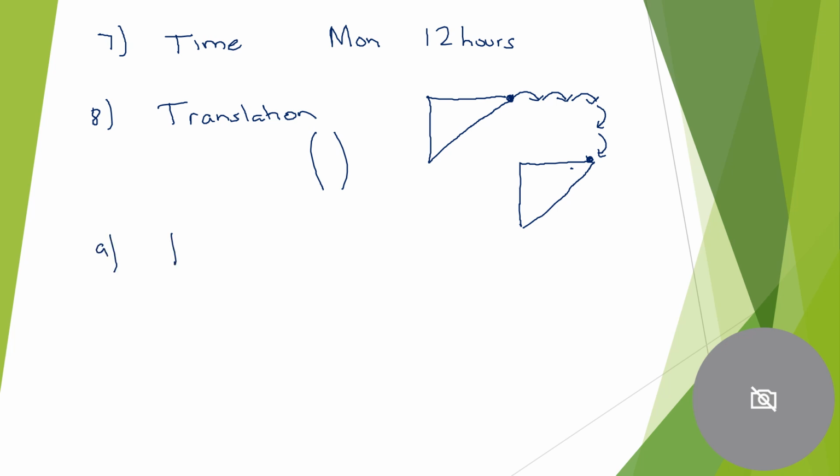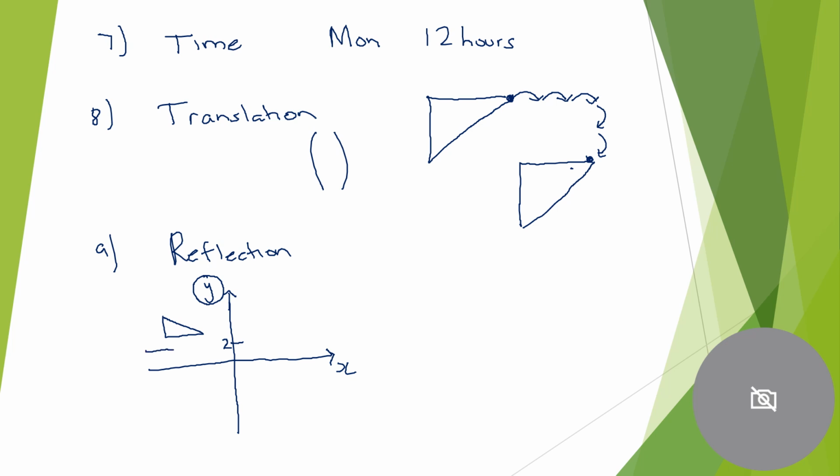Also be aware of reflection. If I draw just really roughly, and again, this is not a high quality video, it's just to give you an idea. If I said I wanted you to reflect this in the line y equals 2, then you would need to draw the line y equals 2, and every point that's above that line will then need to come below that line.